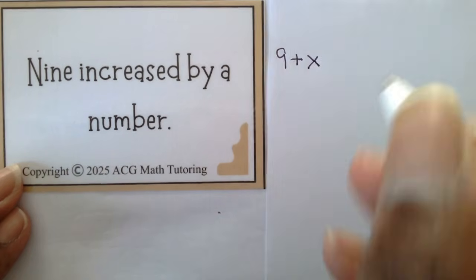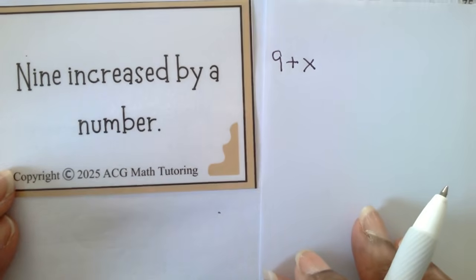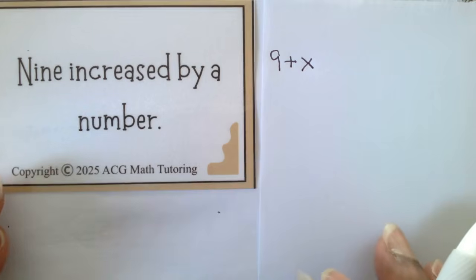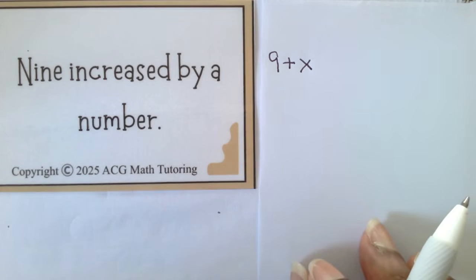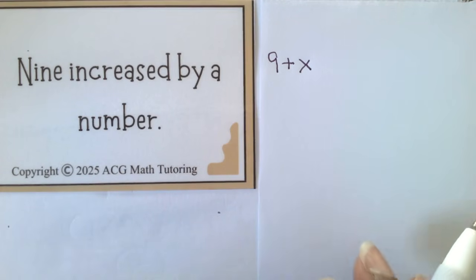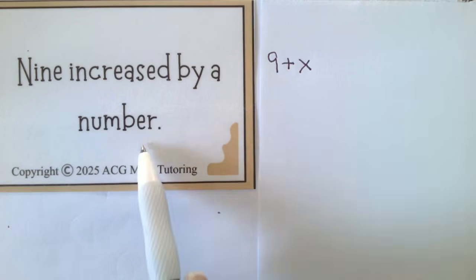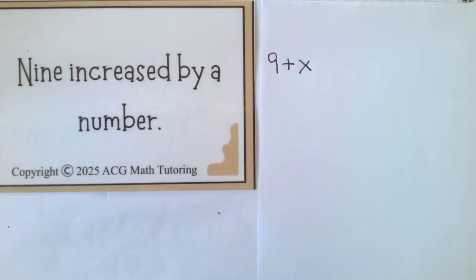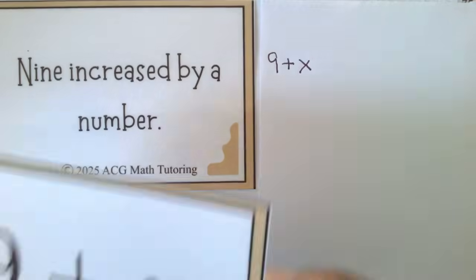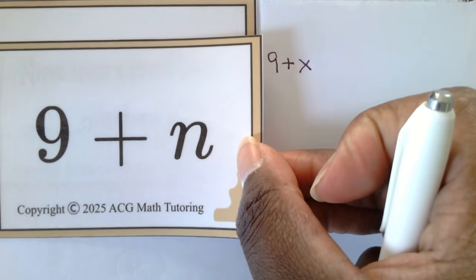And the number can represent any letter of the alphabet except for E and I, because those are actual numbers. Okay? So since it's increased by, it's going to be plus a number. That's how that is translated.